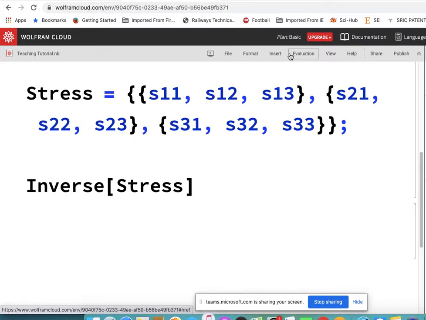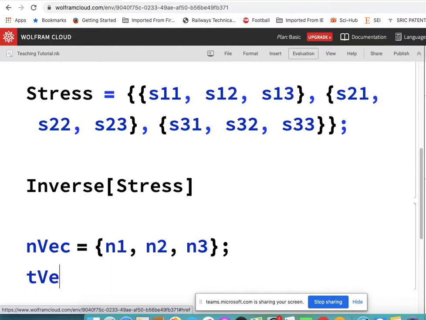I'm going to define two variables. Let's say n vec is equal to n1, n2, n3, and t vec. We are looking at the relation between traction and some unit normal, let's say t1, t2, t3.